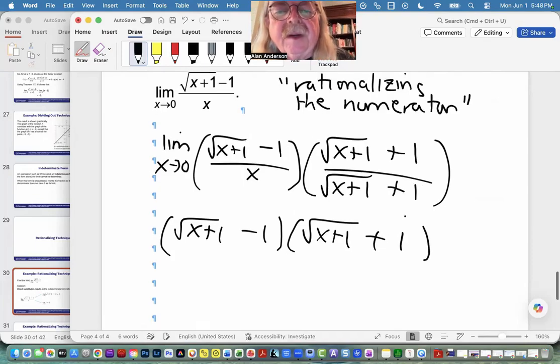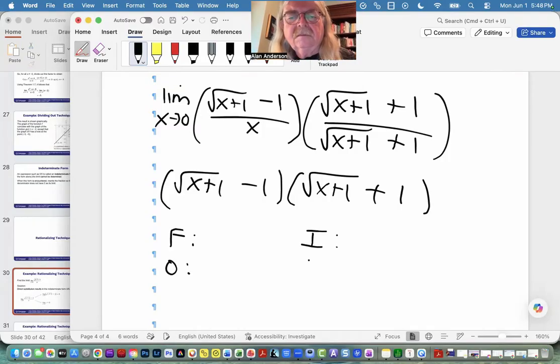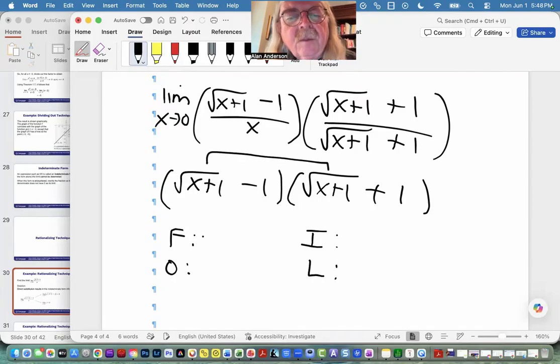And since these are both binomial expressions, we can use FOIL. All right, so F. Now here we're multiplying these together.